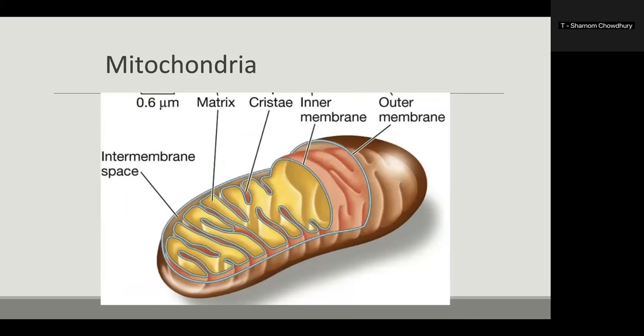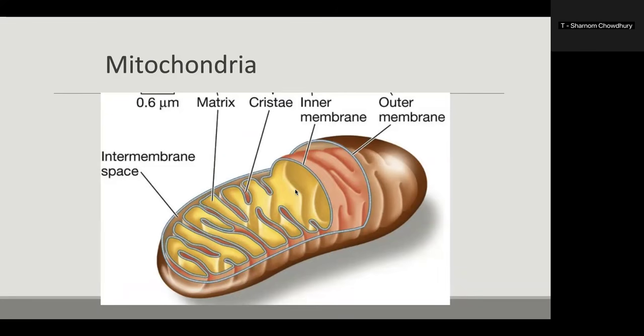Next you have your mitochondria. Your mitochondria helps convert fuel molecules into ATP. What are typically your fuel molecules? Your glucose. Mitochondria contain two lipid bilayers: an outer membrane and an inner membrane. The space between the two membranes is known as the intermembrane space, and the space enclosed by the inner membrane is known as the matrix.